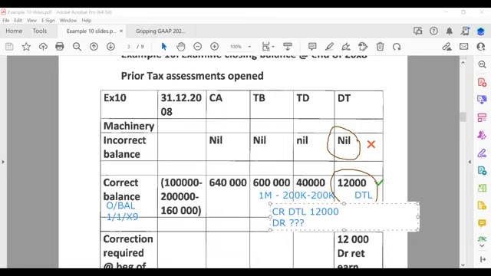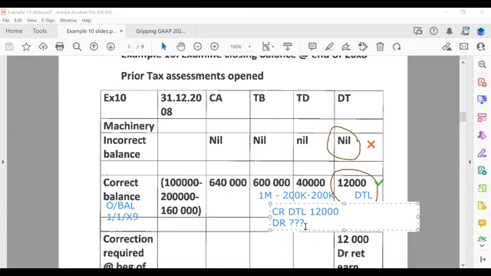Yes, we would usually debit our income tax expense, but because this relates to a correction for our prior years, X7 and X8, those accounts have been closed off. That tax expense account has been closed off to profit and loss, and then the profit and loss account was closed off to retained earnings.